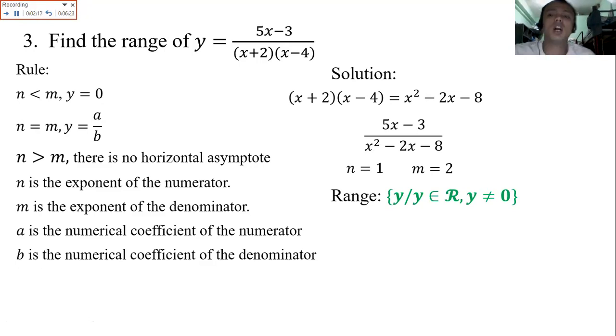So itong rule na to gagamitin lang to kapag may numerator tsaka denominator. Okay? A and B applicable lang siya once na yung n tsaka yung m mo maging equal. So dito yung A is 5, yung B is 1 kasi walang numerical coefficient na nakalagay kaya automatic 1 yun.